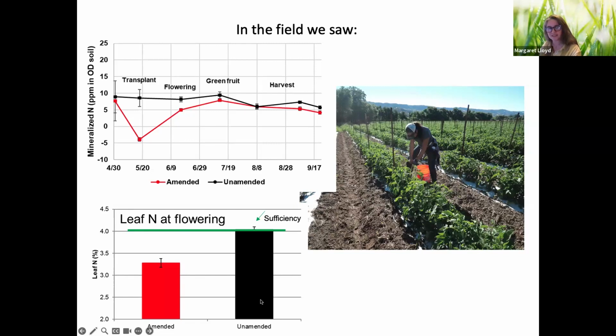And in the unamended plots, we saw that 4% nitrogen, but in the amended plots, we saw deficiency. And so what can happen in a springtime application of a high C to N ratio compost is a tie-up of nitrogen and a resulting deficiency of nitrogen in the plant. And this had crop yield implications. So the type of compost and the timing of adding it makes a big difference in organic production.